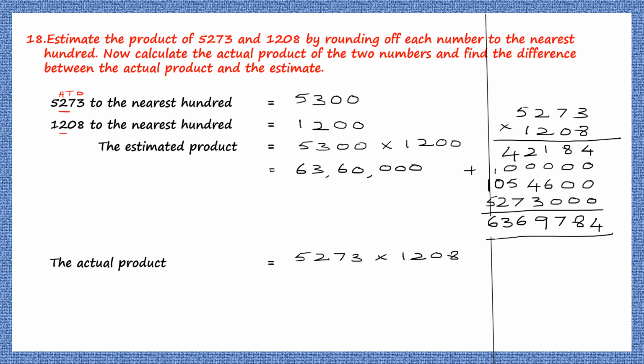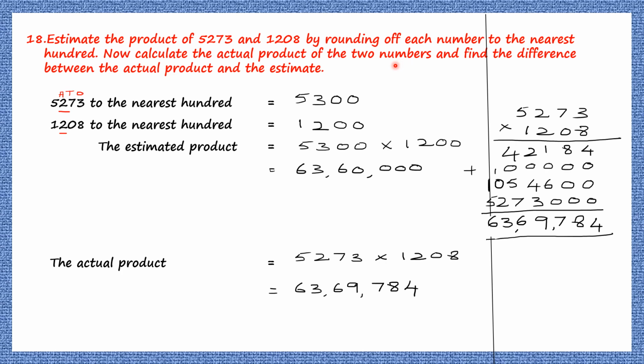So what do we have here? We have the actual product. So let's place the commas and read the number. 63,69,784. So let's write that down. 63,69,784 is the actual product. So we did the second part of the question also.